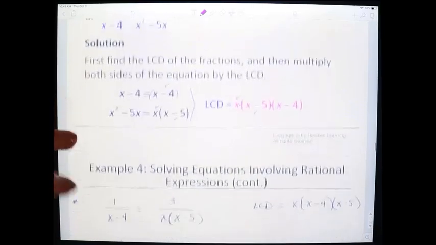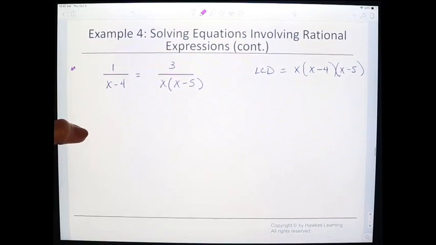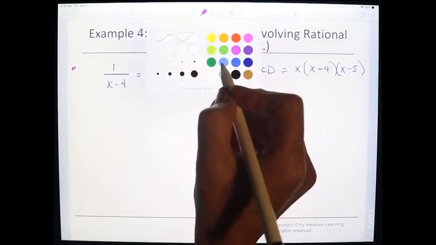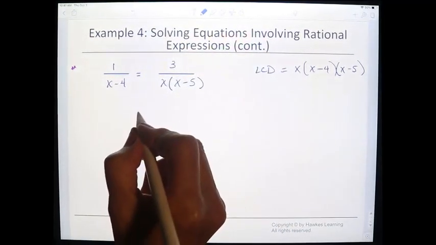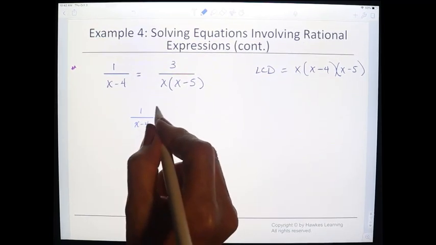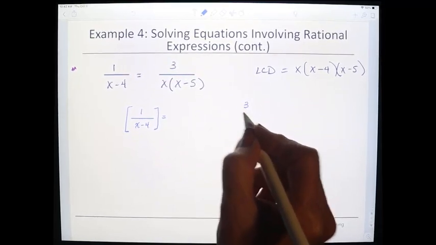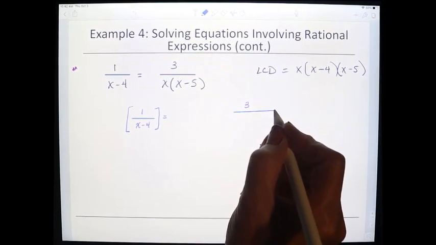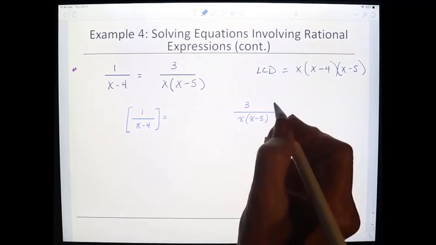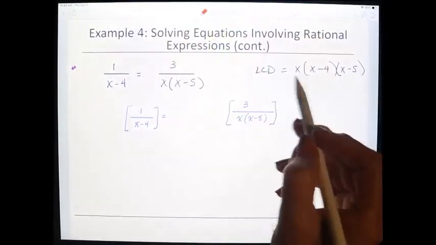All right, so I've copied down the equation and I've copied down the LCD so we can scroll a little bit. And this is where you're going to see me putting things in brackets. And you notice how I'm skipping around and trying to leave some space, so I have room to insert the multiplier, which is this LCD.